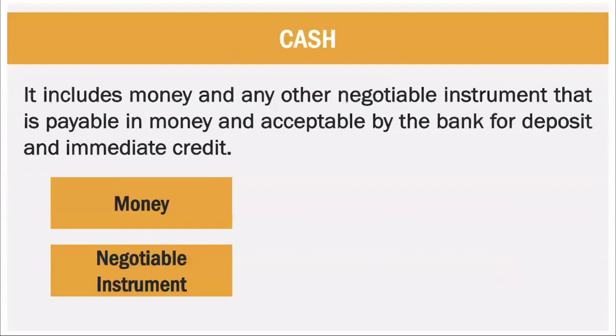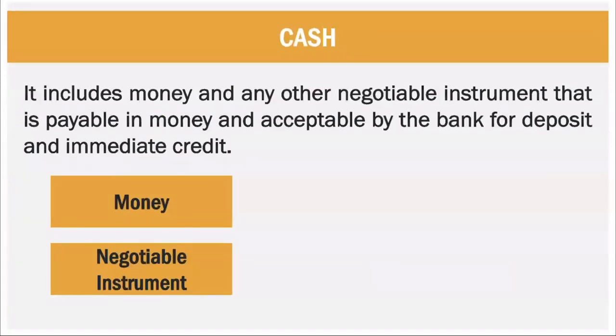So what is cash? Cash includes money and any other negotiable instrument that is payable in money and acceptable by the bank for deposit and immediate credit. Okay, so there are two items of cash. What are those two items? First, money.